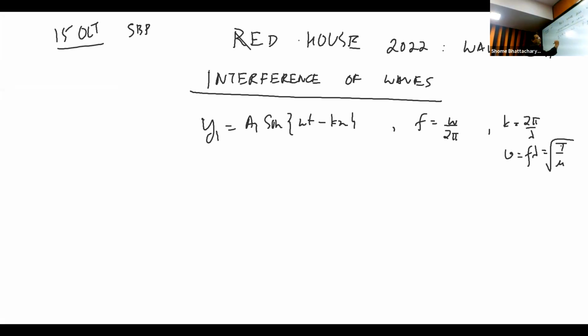Okay. So if the second wave is propagating through the same string, so it has the same v, and it is from a source which has the same frequency, so it should have the same value of omega. In that case, its wave equation in general can be any amplitude, but into sine of same omega because it is of same frequency, same k therefore. Okay, and again minus kx because it's traveling in the same direction, but it can have any phase relation with respect to the first one.